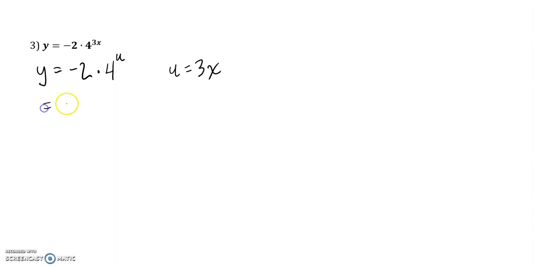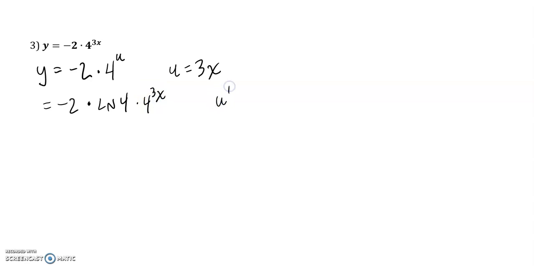Number 3 has a similar process. Got the constant out there, and I have the base of 4 raised to something. It's easiest to differentiate when I've got just one singular variable, so I'm going to chain rule it. Derivative of, so the multiplier, ln 4 times 4 to the u, and u is 3x.